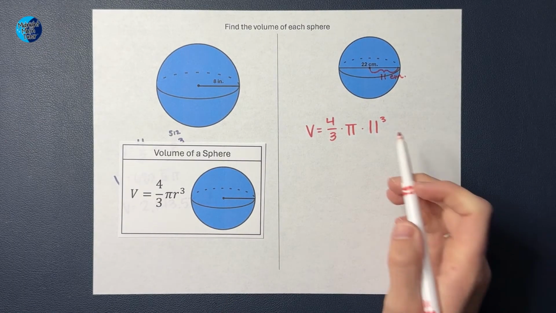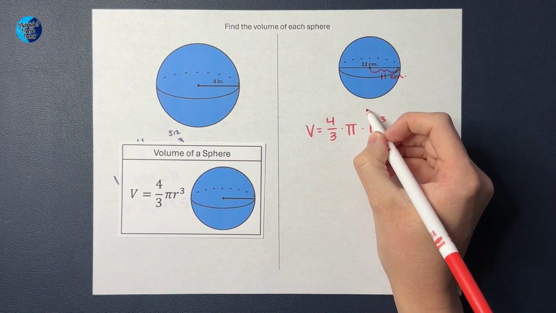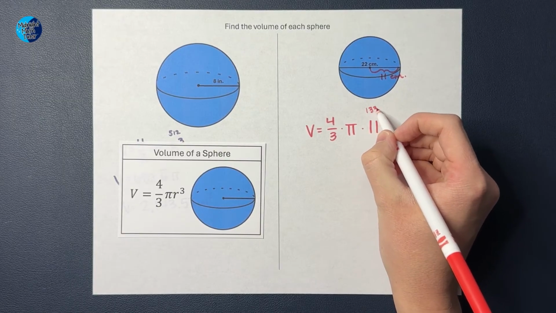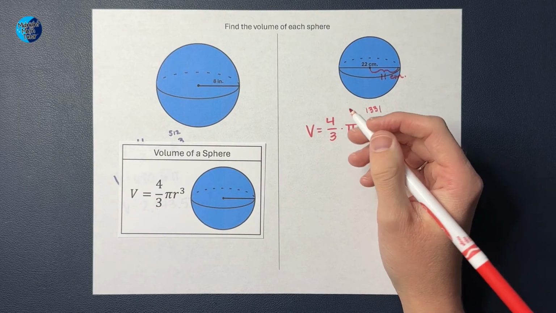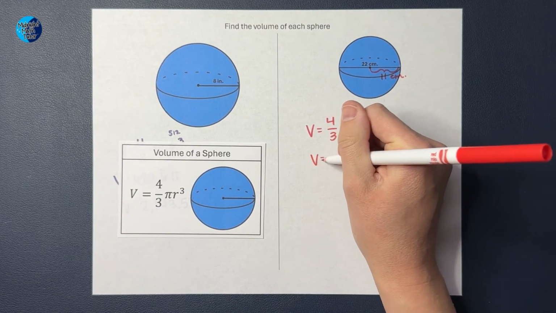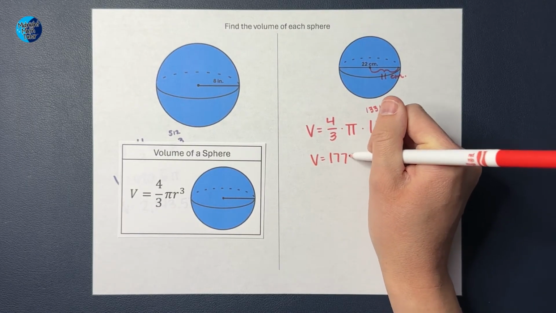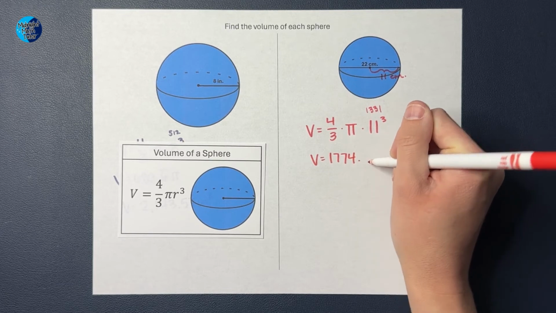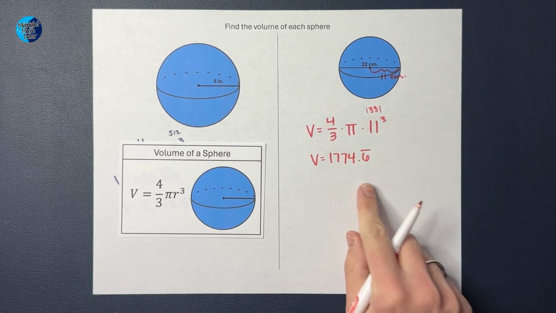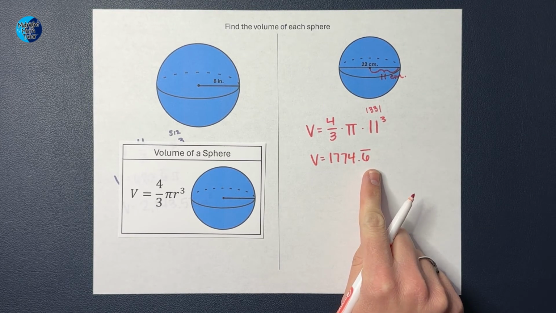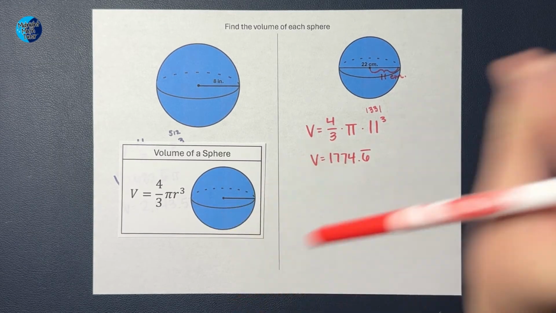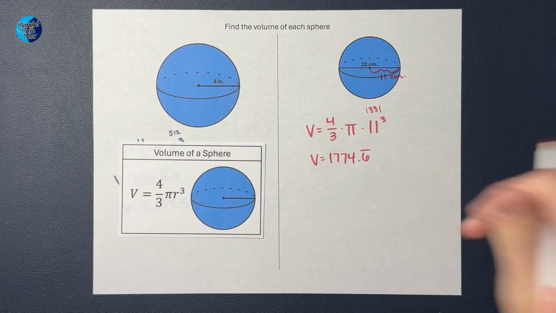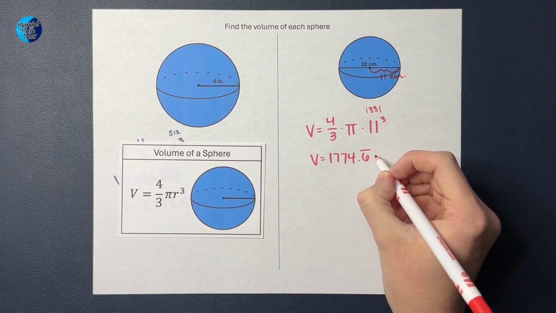All right, 11 cubed is 1,331. When I multiply that by 4 and divide by 3, I get 1,774.6, and again, the 6 is going to be repeating. That's going to happen because of this 3 down here. You're not always, but often going to get repeating decimals like that.